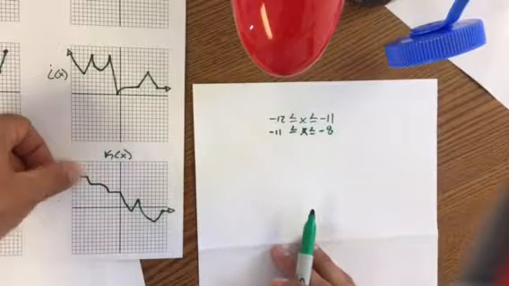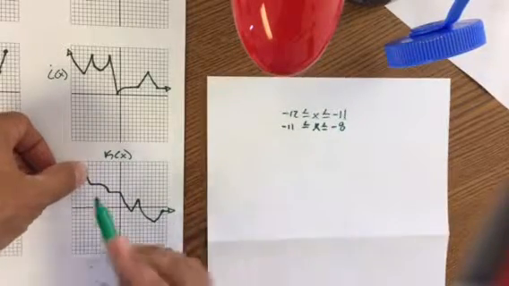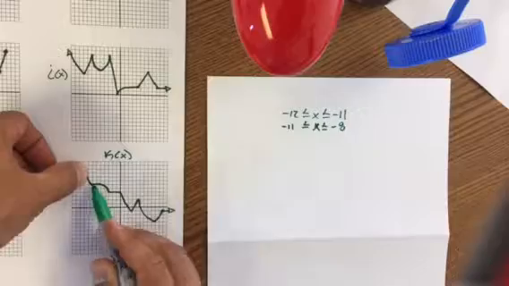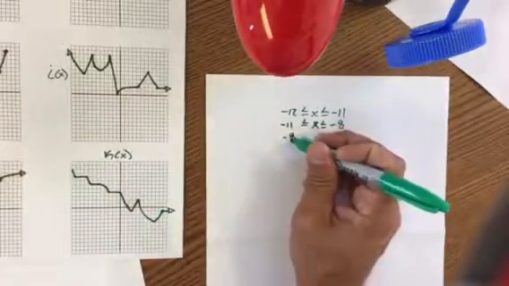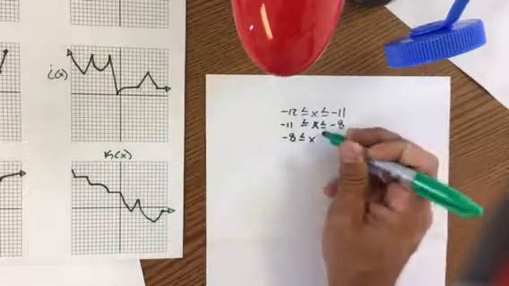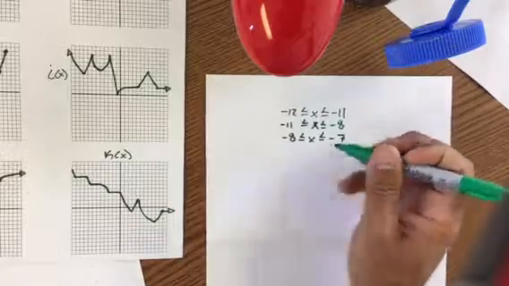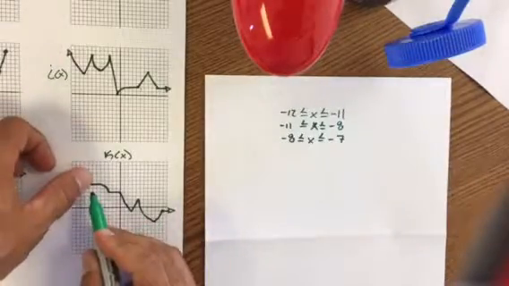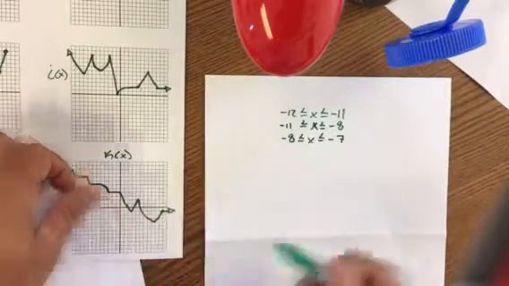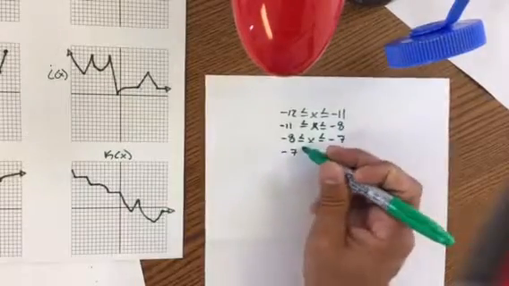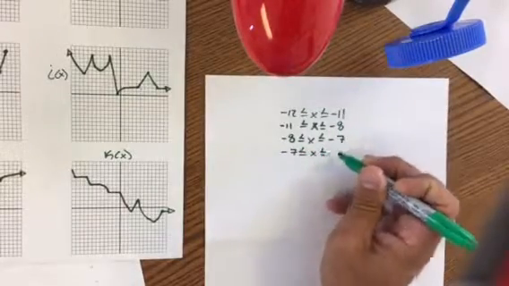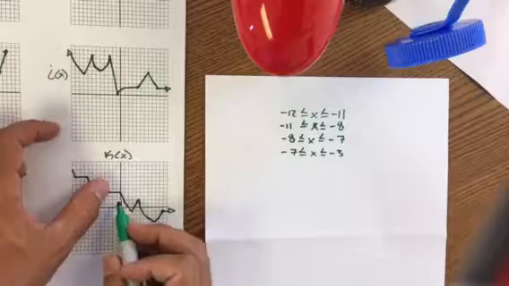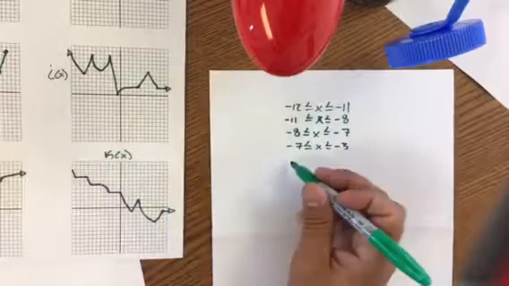And then we're going from -8 to -7. And then we're going from -7 to -3. And then we're going from -3 to 0.